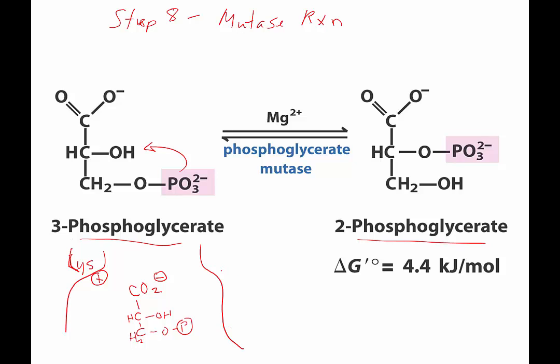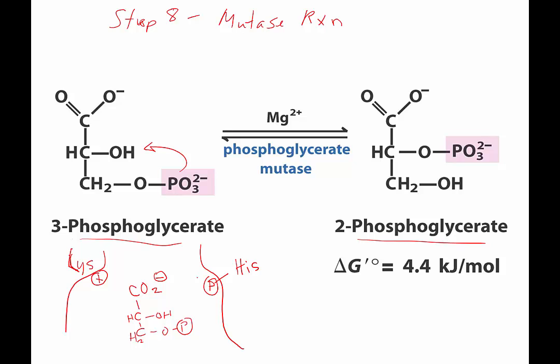So the histidine, we'll just draw it as a His without drawing the ring structure. It'll be a little bit simpler. But when the substrate binds, the histidine has a phosphoryl group attached to it.